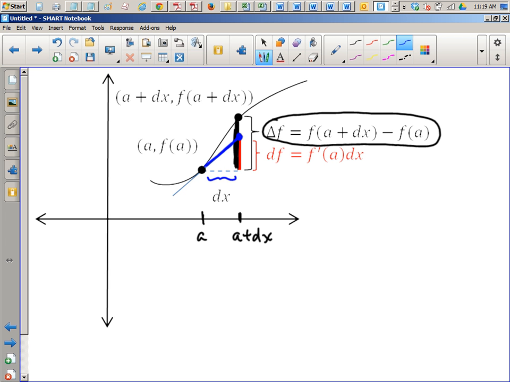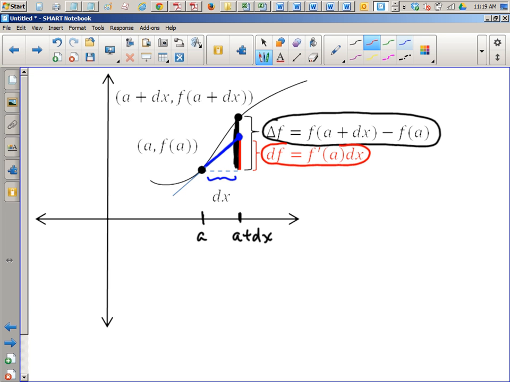But it's not as much. It didn't rise as much as the curve did. So this little red segment here, that distance is called df, not delta f, df. And that can be calculated by simply multiplying the slope of the line times the run, right?